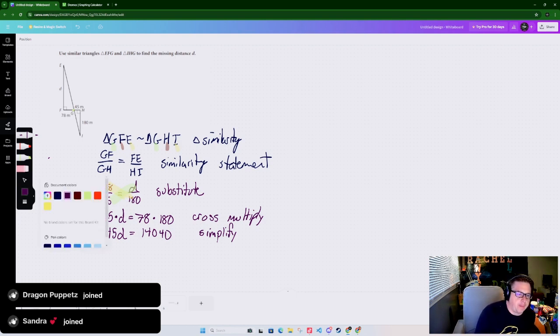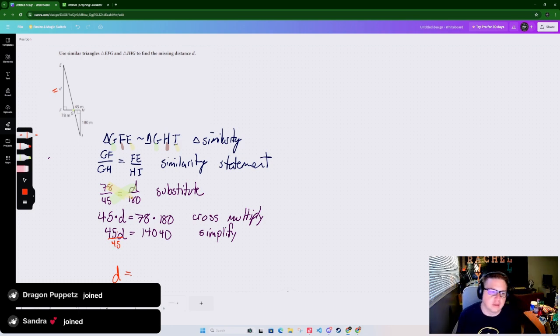And then the last step, we need to get D by itself. Our goal is to figure out what D actually is, what this length is. So we need to get rid of the number next to D. We're going to divide because in between 45 and D is multiplication, and the inverse operation, or the opposite, of multiply is divide.